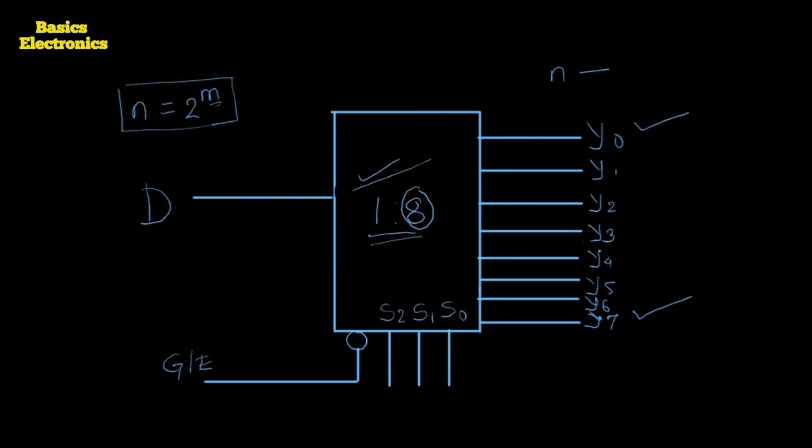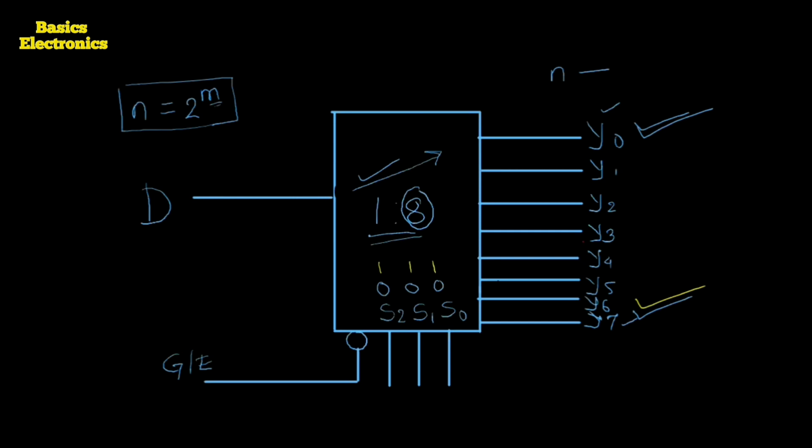The data line can be passed towards the output side from Y0 to Y7, any one at a time, with the help of the select code, with the help of the select lines. So when we apply the select code 000, then the first line is selected, and when we apply the select code 111, then the last line is selected. As per the truth table, we require to make the connections.